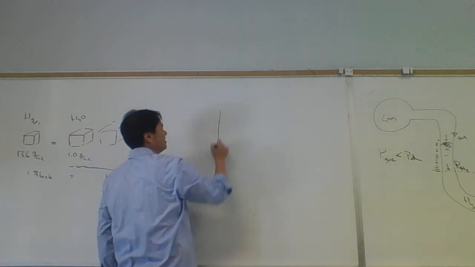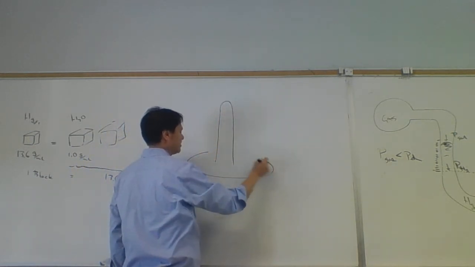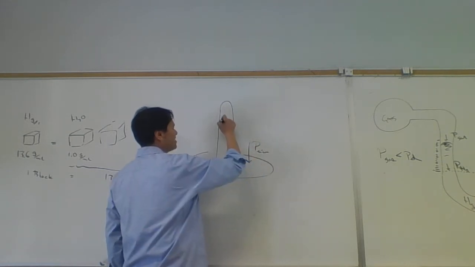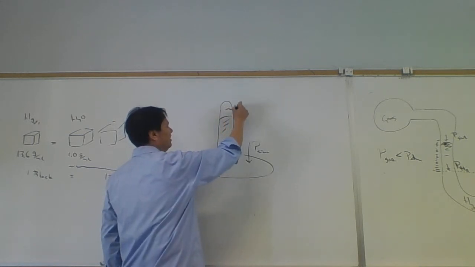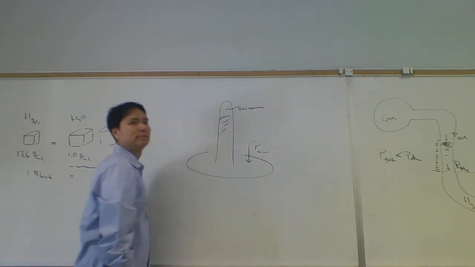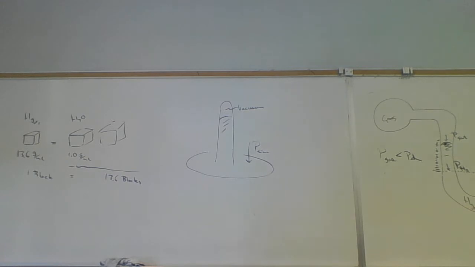And so if we use mercury in the barometer, it's like this. So we have the weight of the air, and inside this, we only have mercury, because up here is what's termed a vacuum. What is a vacuum? Empty space.